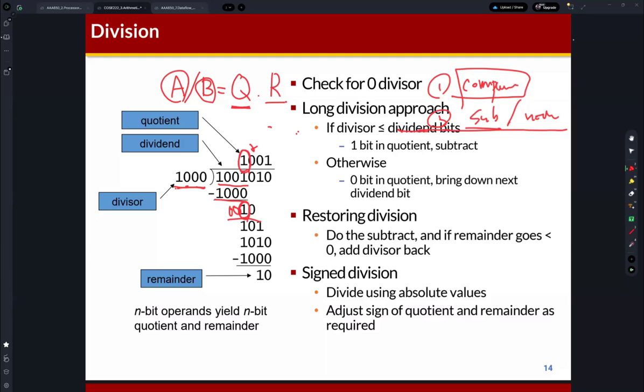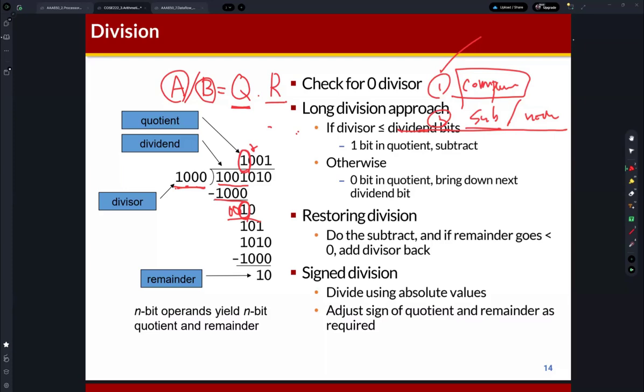Because division includes this comparison and conditional branch operation, division is more complex. And it's very difficult to parallelize division, because we have this comparison and conditional operation.